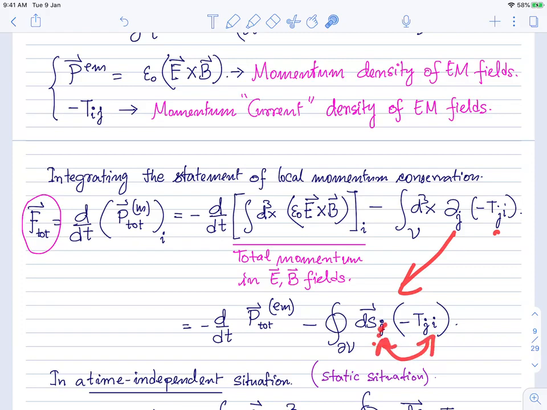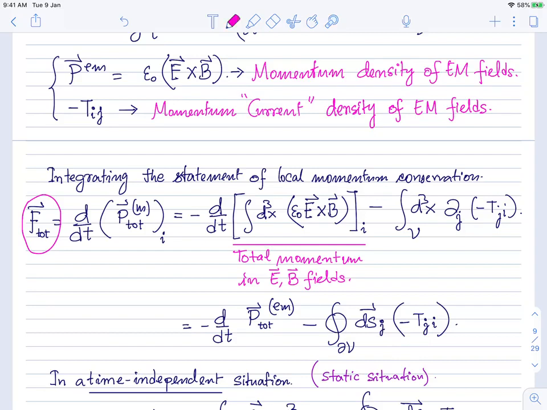So dS vector is the area element, including direction, for the closed surface which encloses the volume V. Because it includes the direction, it's a vector, so that vector has a J index, and that J index is to be contracted with the I index.